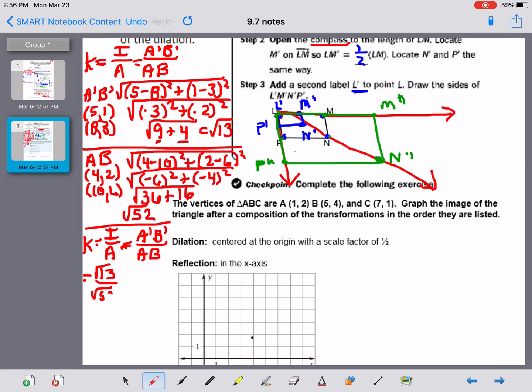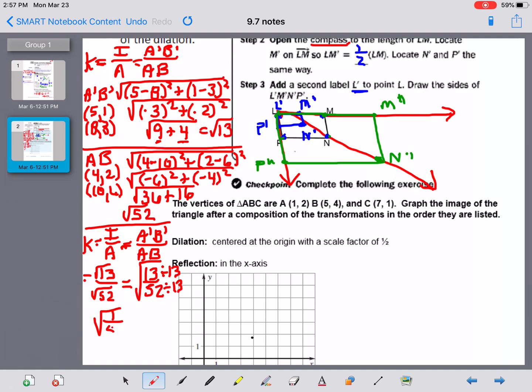Now when I look at that initially, it's not a very pretty scale factor. So let me tell you how we simplify this. If I have two radicals with a division in between them, I can make it one radical and put the division inside that radical. Well, that gives me a fraction. And if I think of the numbers 13 and 52, both of them are divisible by 13. So if I divide both of them by 13, I get 1 over 4.